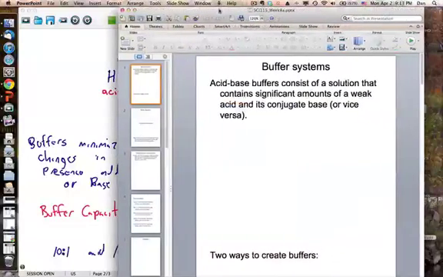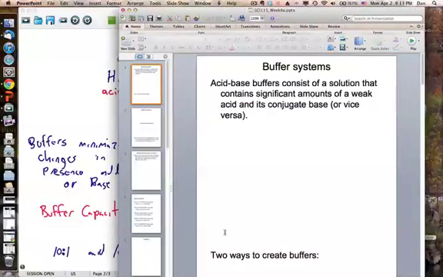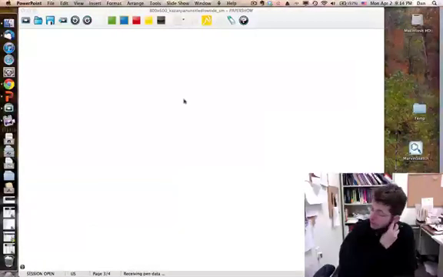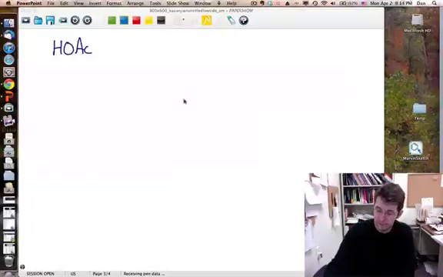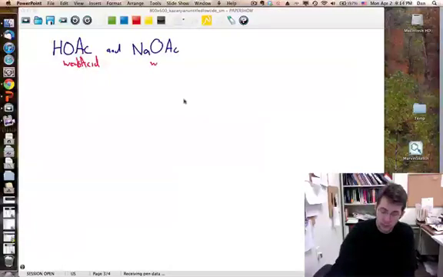So one of the things we have to be aware of is that there are 2 ways to create a buffer. You go to your shelf and you grab some acetic acid, and you grab yourself some salt of that weak acid, sodium acetate, which turns out to be a weak base.